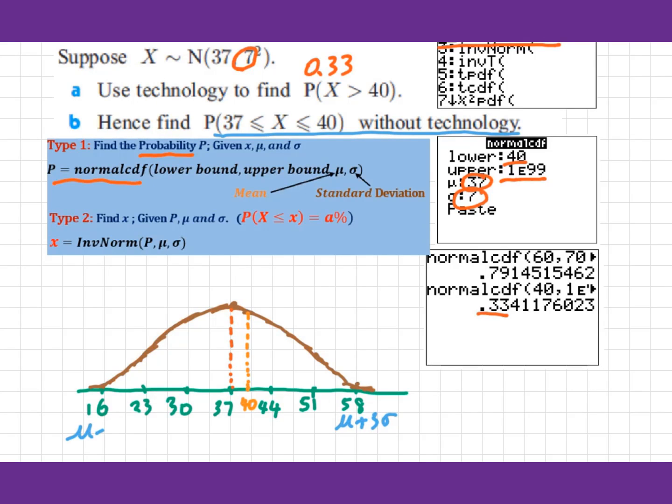Here's mu minus 3 sigma. We already know this area is 0.33. But I'm looking for this area.